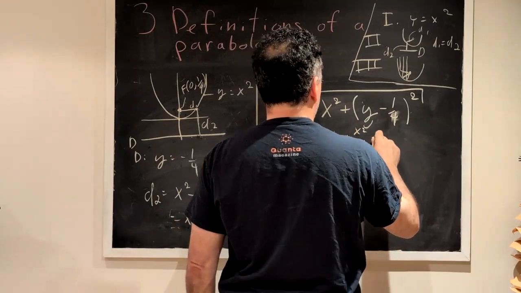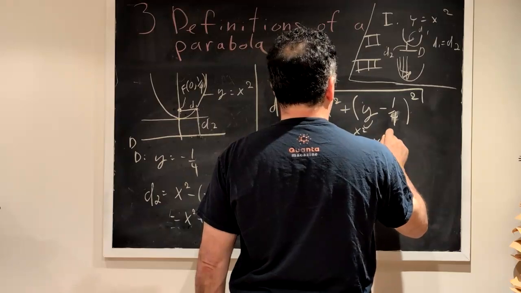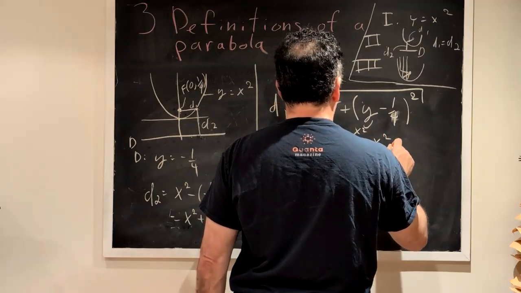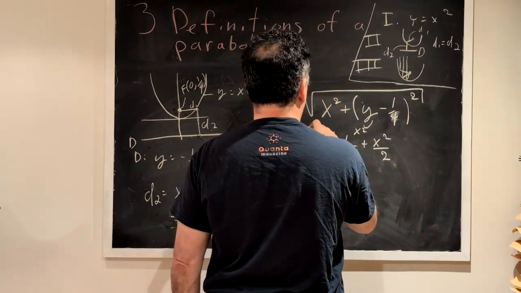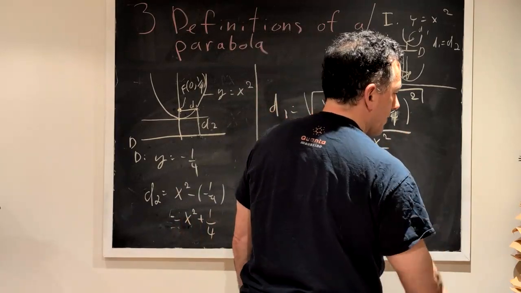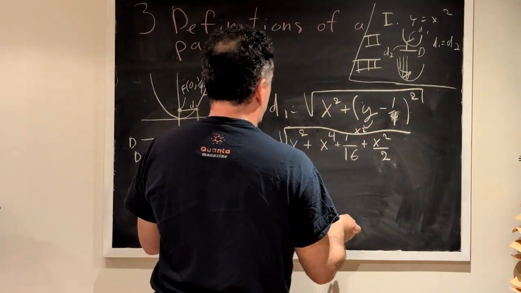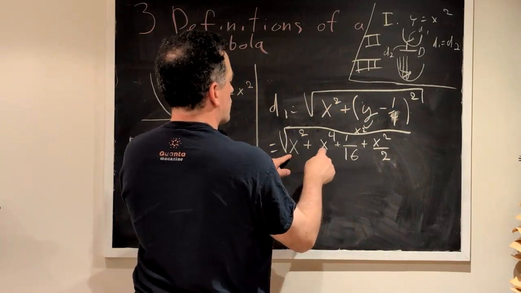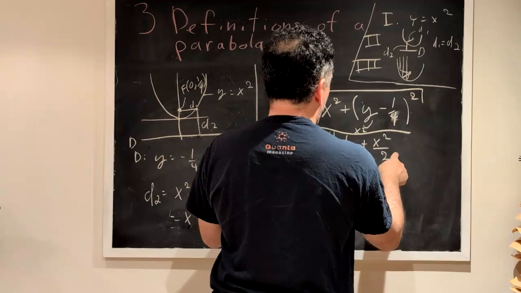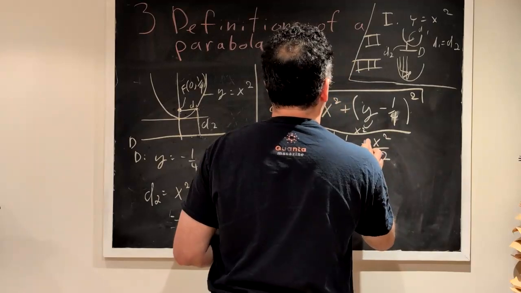minus x squared over 2, and then we take the square root. Now, x squared plus x squared over 2. Oh, sorry, there's a minus sign, that's why it doesn't work.